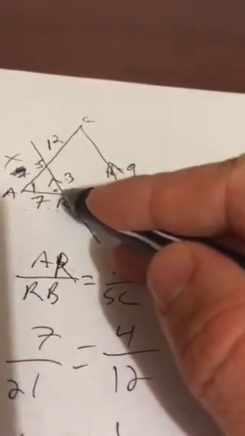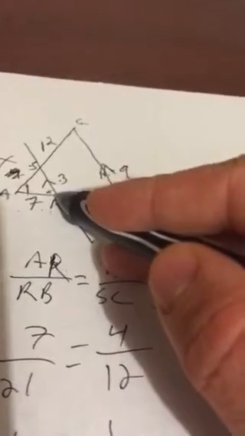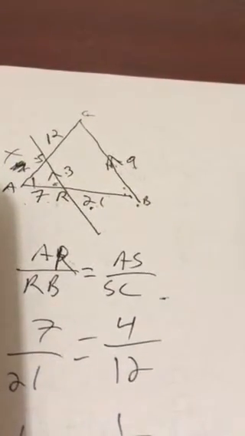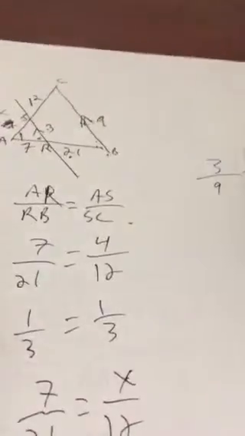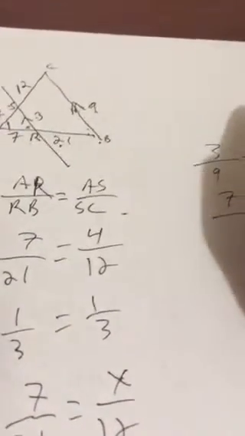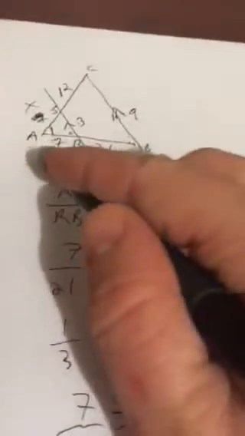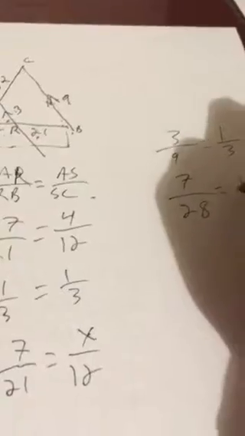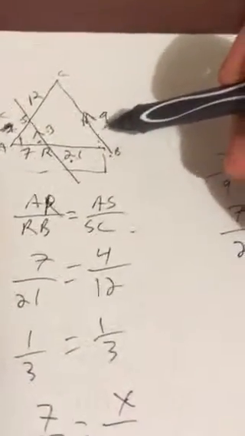Well, if I set the length of 3, which is the base of my little triangle, over the base of my big, 3 over 9 equals 1/3, right? Well, then the same should be true if I set 7 over 28, which is the entire length right there, okay? Which isn't true, okay?